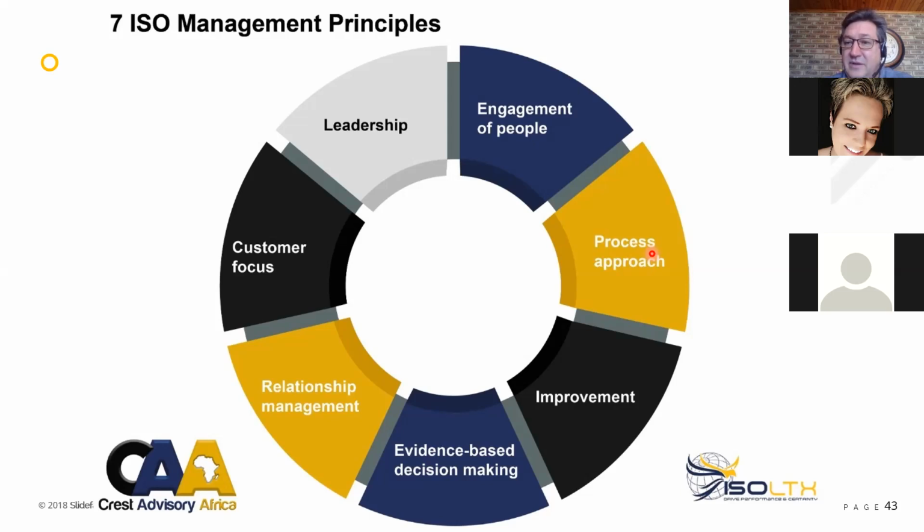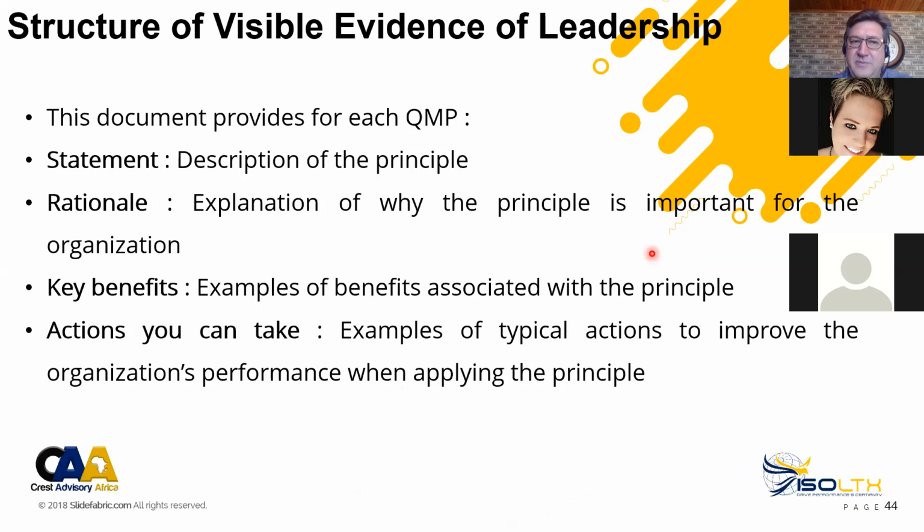Can we make a better decision in the future? This is what we are going to be talking about today. The structure is: the statement, that is the description of the principle; secondly, the rationale, the explanation of why we need to do that; the key benefits; examples of that; and then the action you can take.